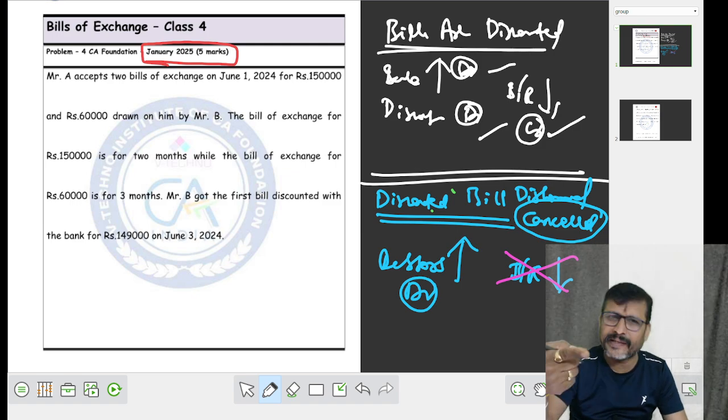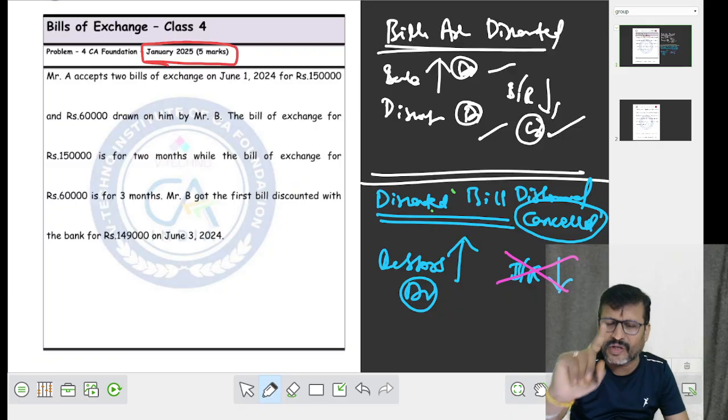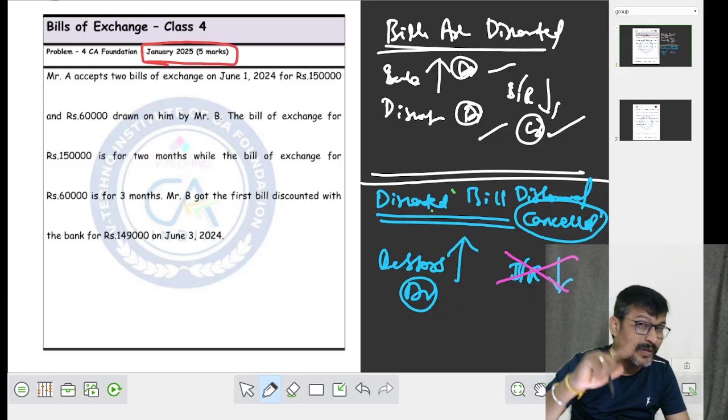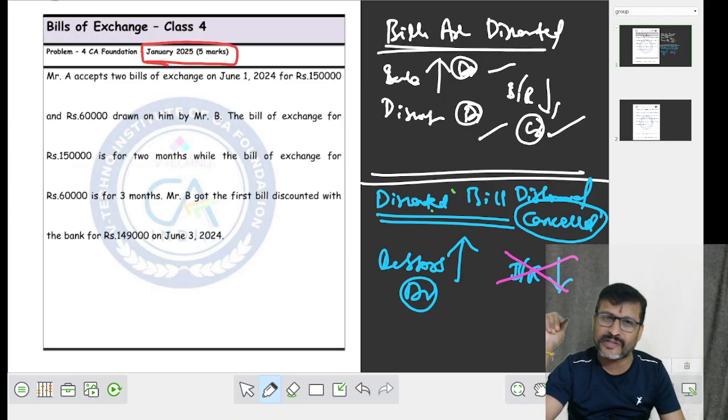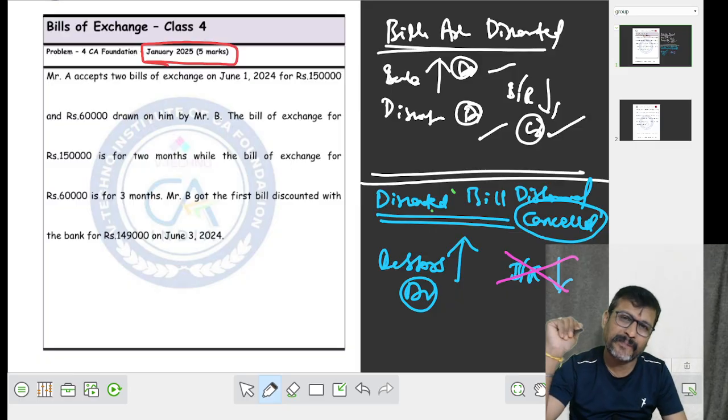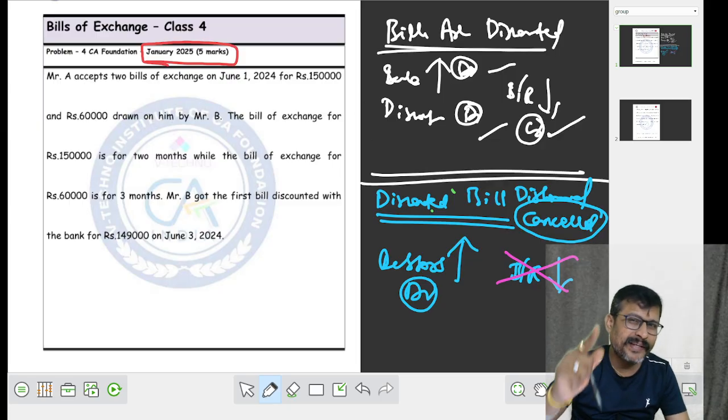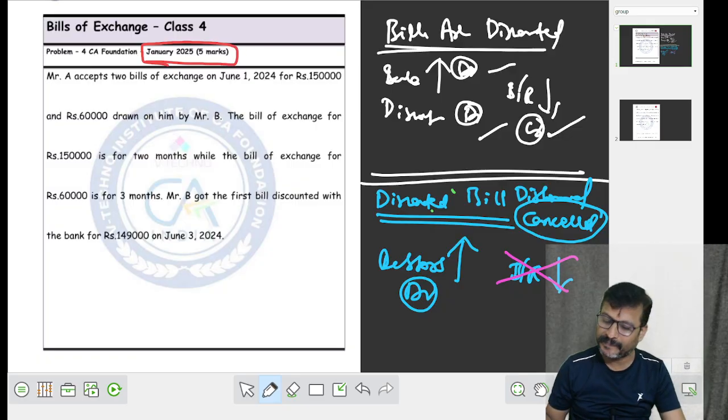In the earlier three problems, the bill was not discounted, not endorsed, not sent to the bank for collection. Still the bill is available with the drawer only. But in the fourth problem, my dear student, the bill is discounted.